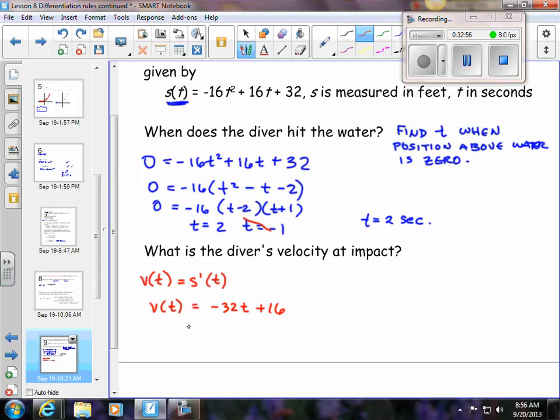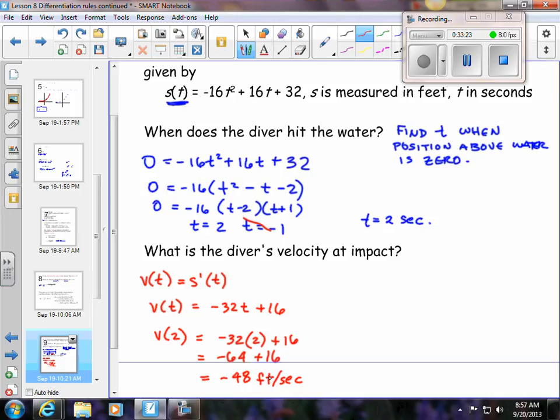That's when he hit the water. Very good. So velocity at 2 seconds is negative 32 times 2 plus 16. Negative 64 plus 16 is negative 48 feet per second.